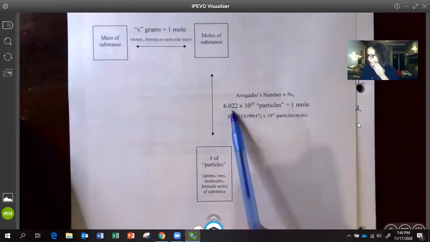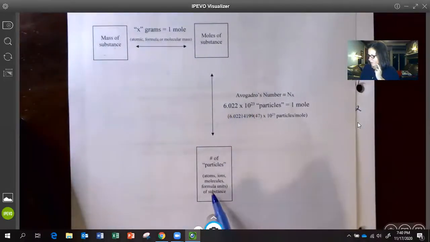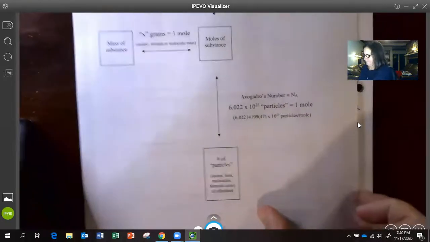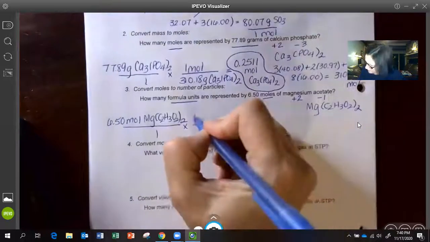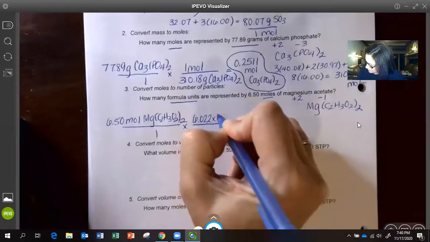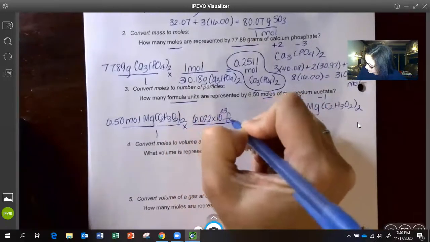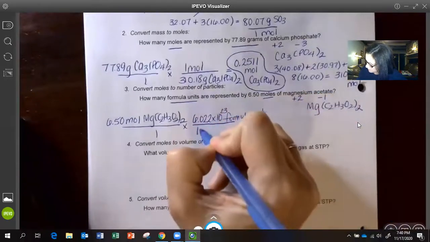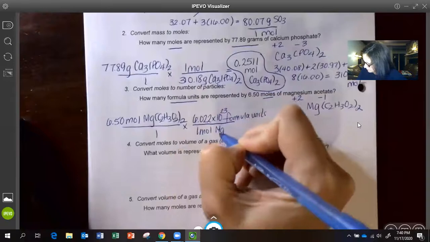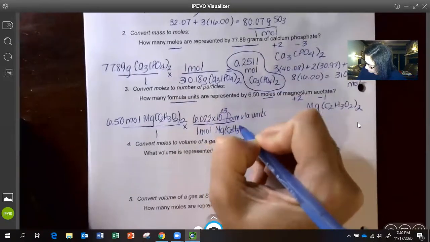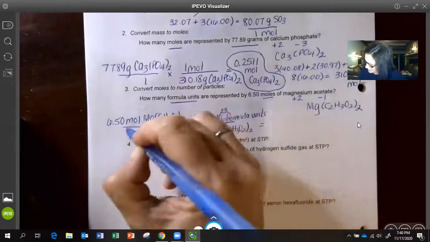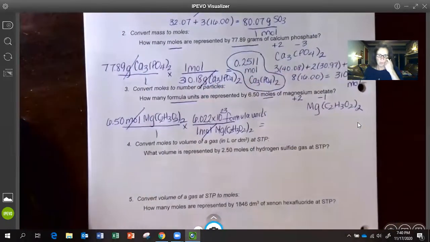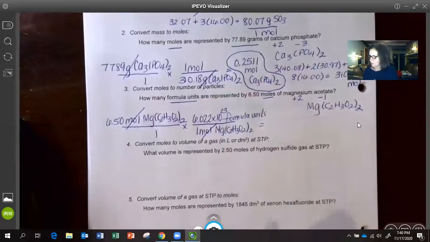So there are 6.022 times 10 to the 23rd formula units in 1 mole of magnesium acetate. Okay, we're going to be canceling moles and moles. And we're going to end up with an answer in formula units, which is what we desire here.